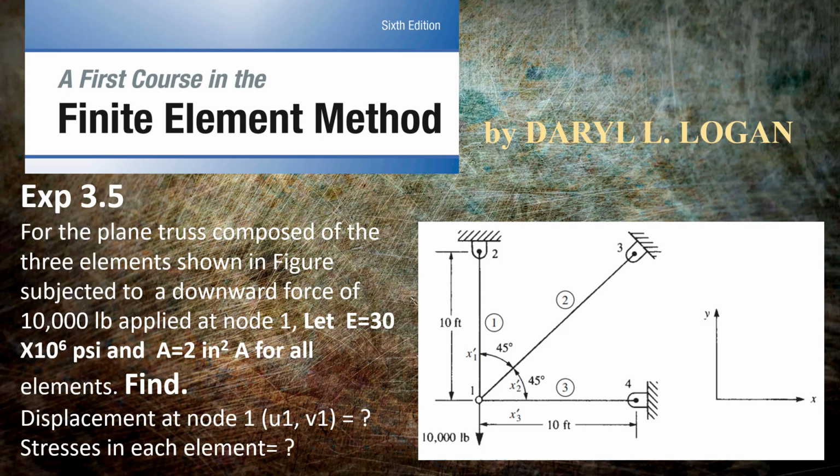You can see that three elements are connected at node 1 and a force of 10,000 pounds is applied at node 1. Let E, Young's modulus, be equal to 30 times 10 raised to power 6 psi, and the area of cross section for all the elements is 2 inch square.